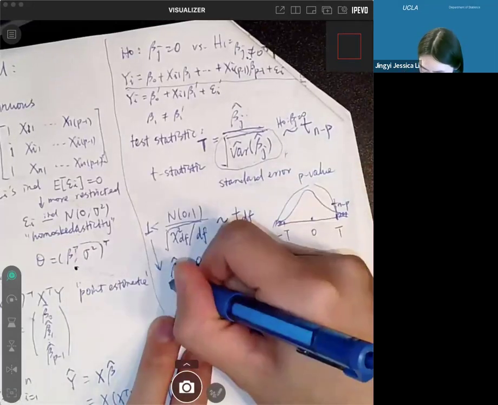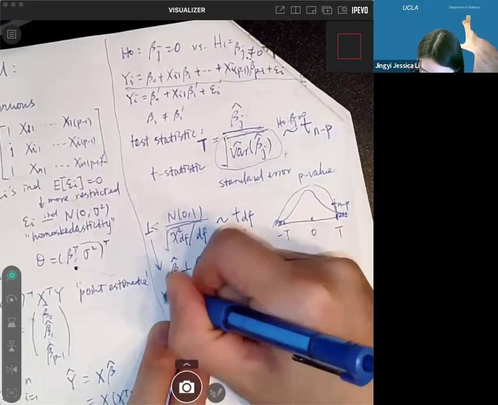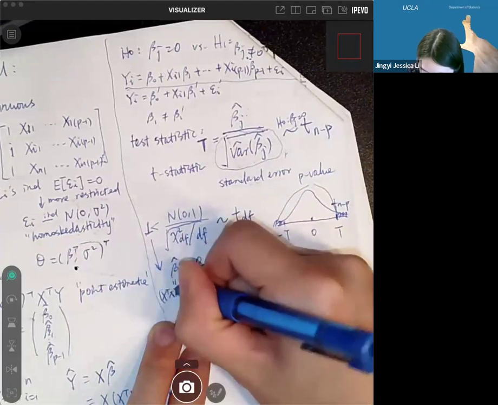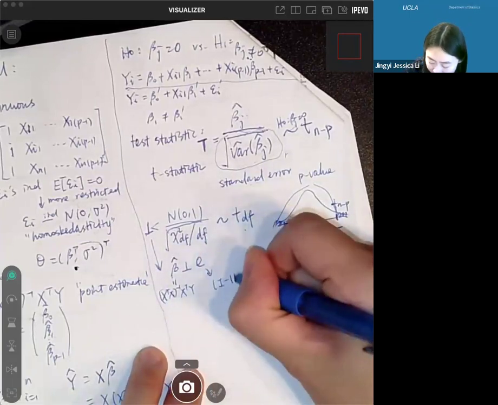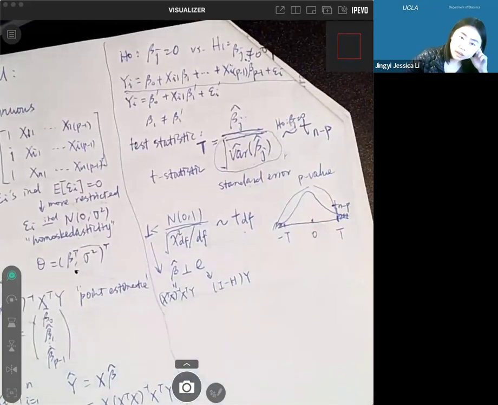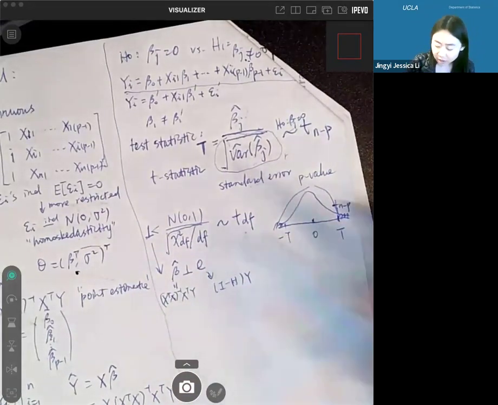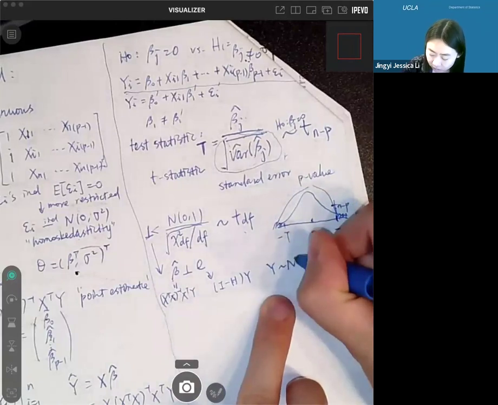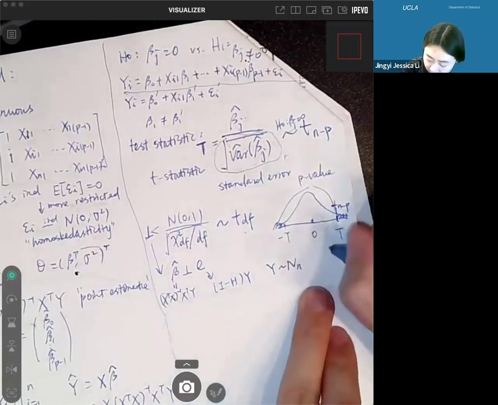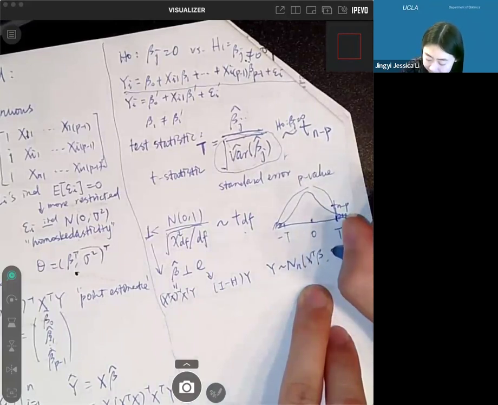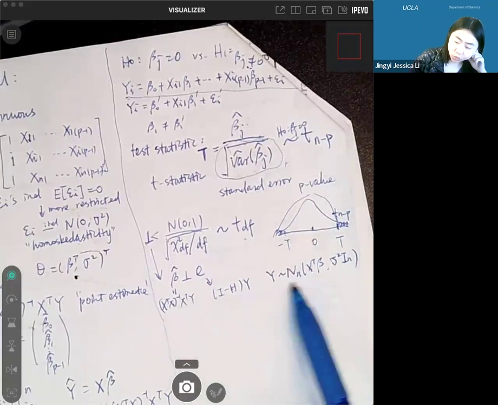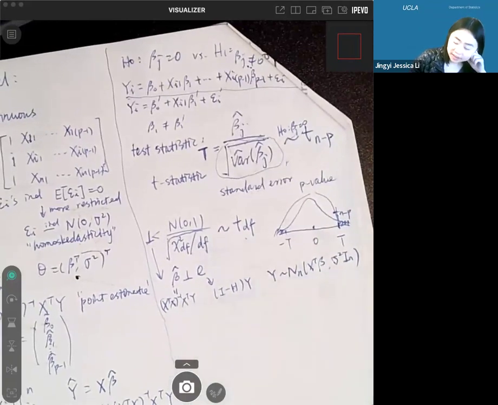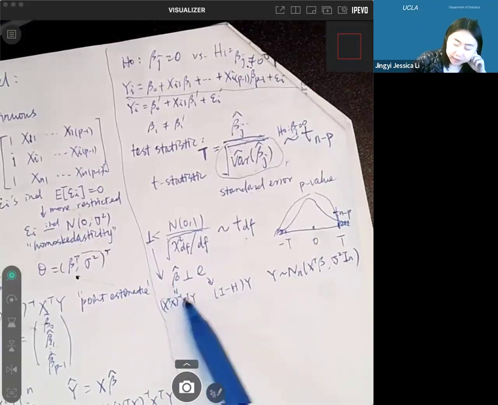Beta hat is (X transpose X) inverse X transpose Y, and the residual e is (I minus H) times Y. So they're both linear combinations of Y. And we know that Y is multivariate normal: n-dimensional multivariate normal with mean X beta and covariance sigma square times the identity matrix. So these two are also multivariate normal.